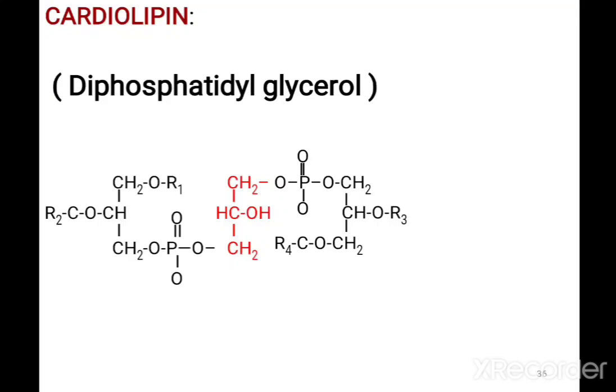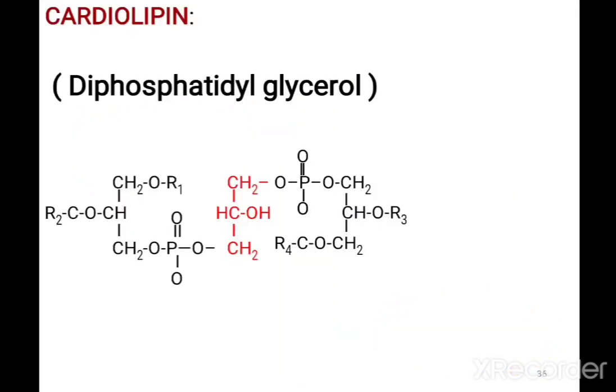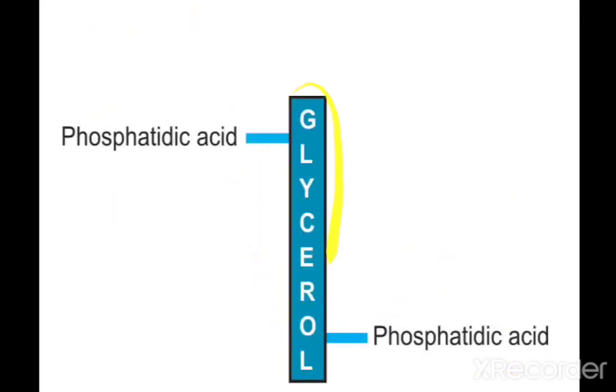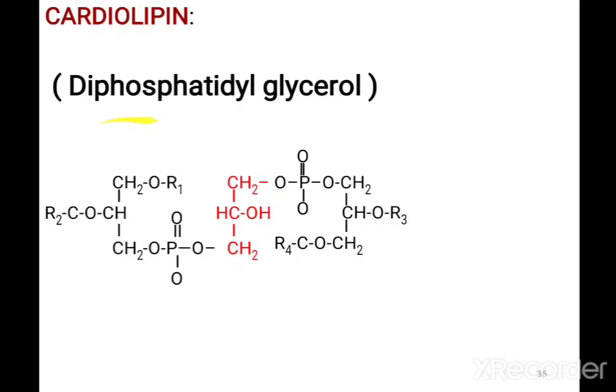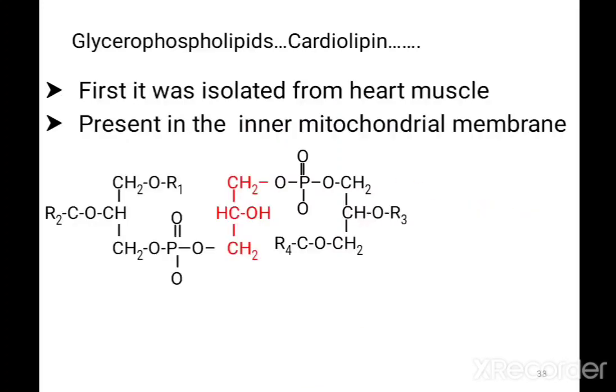And cardiolipin is also an example for non-nitrogenous glycerophospholipid. This is the structure of cardiolipin. It is made of two molecules of phosphatidic acid connected by one molecule of glycerol. That's why it is known as diphosphatidyl glycerol. Two molecules of phosphatidic acid and one molecule of glycerol, diphosphatidyl glycerol.